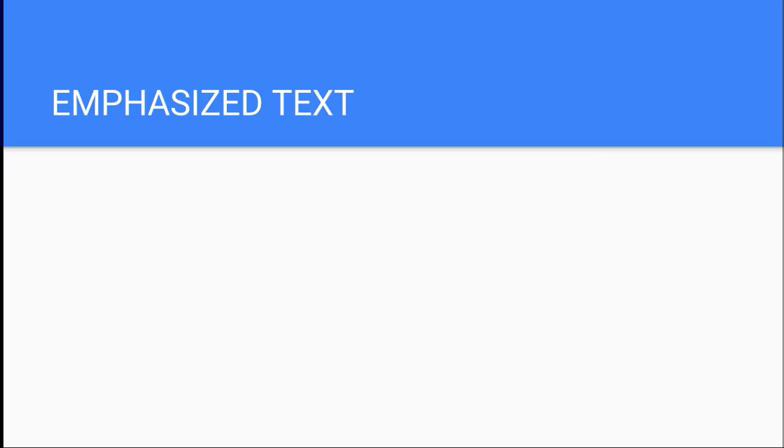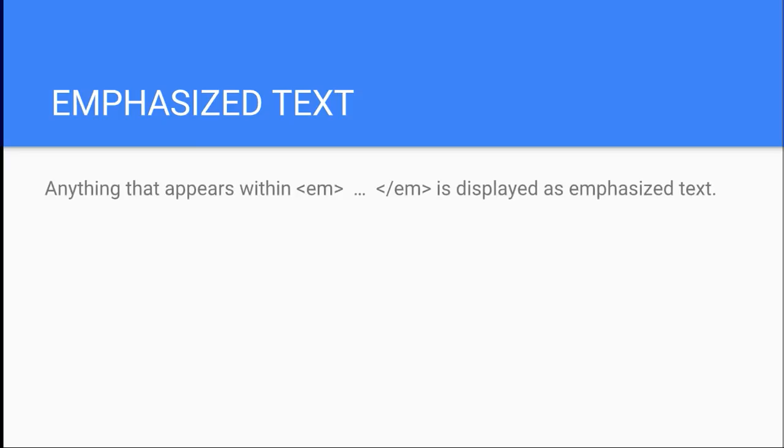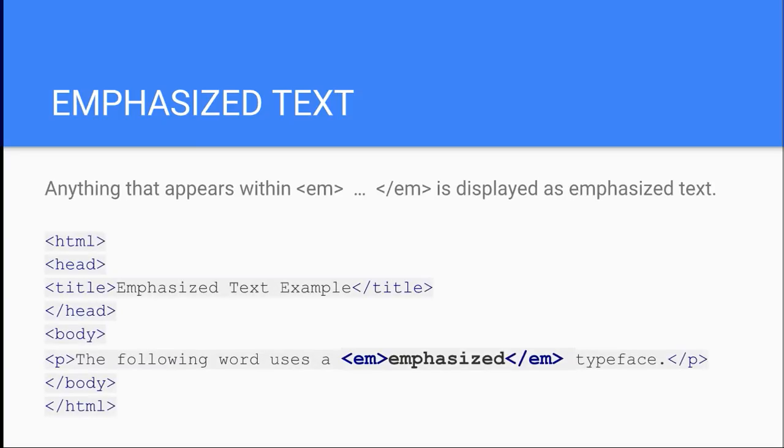The first phrase tag is emphasized text. Anything that appears within the em and /em element is displayed as emphasized text. Let us see an example of how to write this.